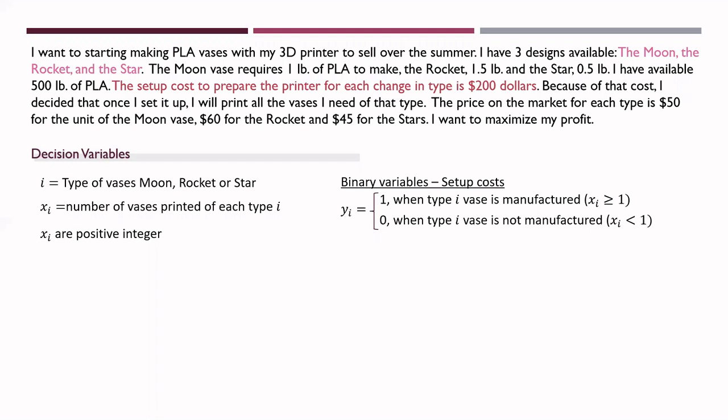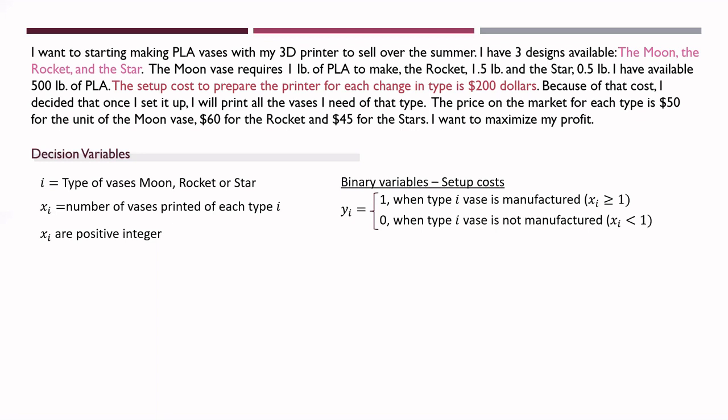And if I decide not to manufacture the moon vase, I will not have that associated cost. Because it's just having or not having the cost, I can use a binary variable to define this type of cost in my objective function.